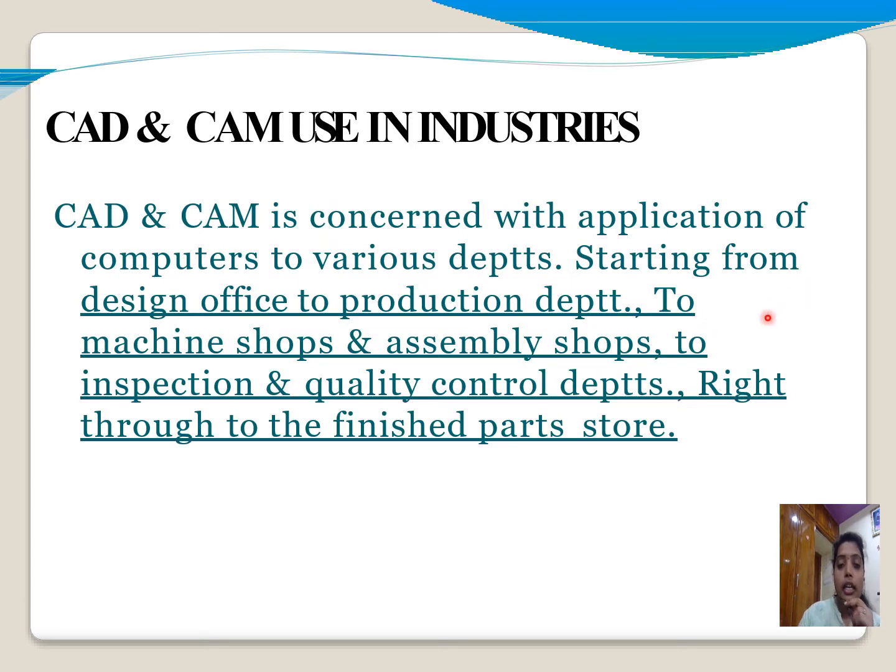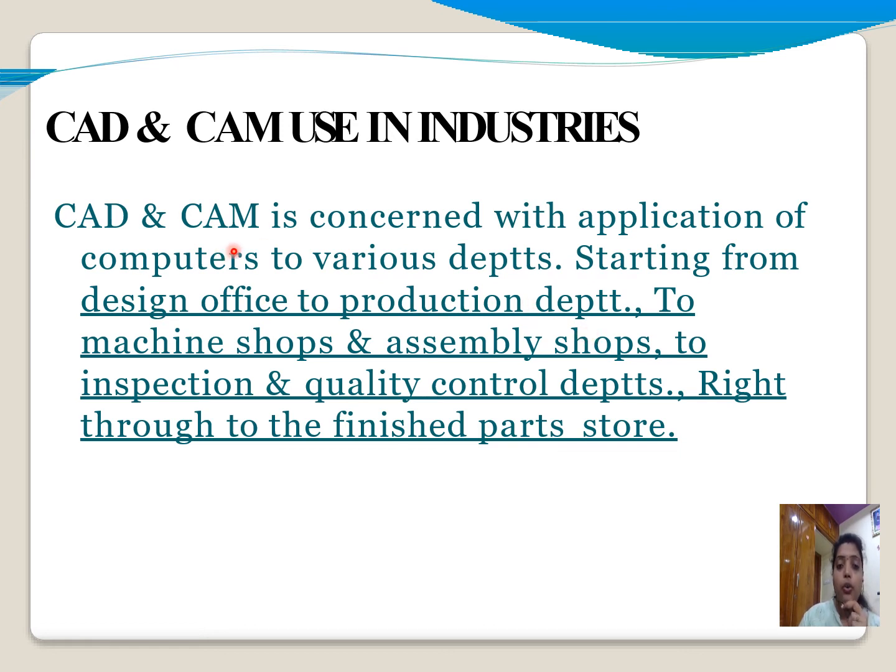Now, let us see how we are using CAD CAM software in industries. CAD and CAM is concerned with the application of computers to various departments, starting from the design office to the production department. What is meant by this?